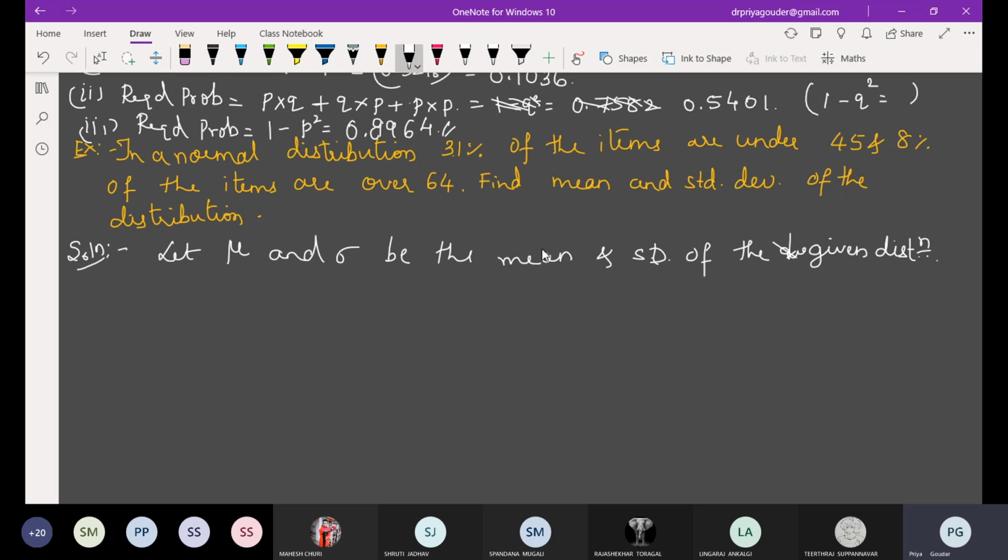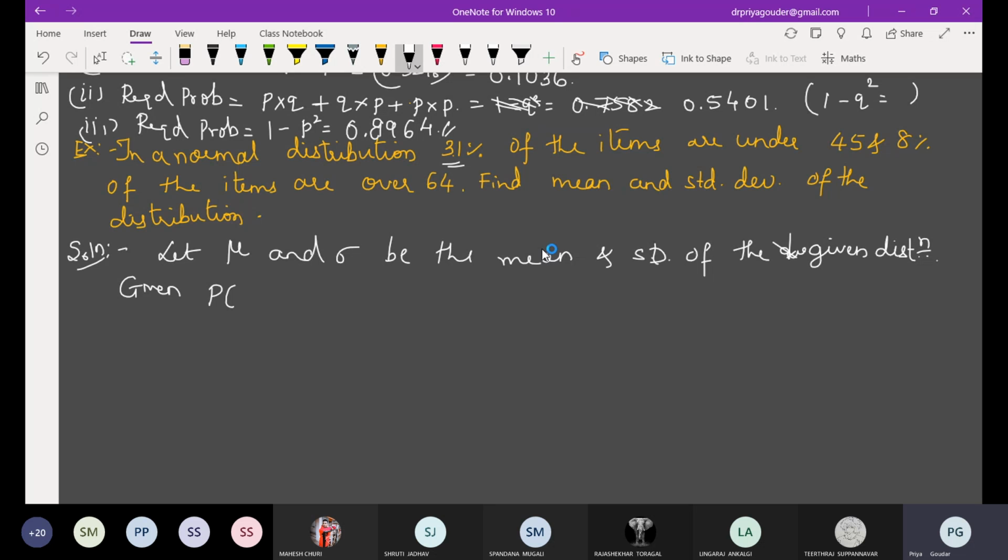Now, let us use the given information. They have given that in this normal distribution, 31% of the items are under 45. Can anybody tell me how to put this in the condition? Probability of Z or X?